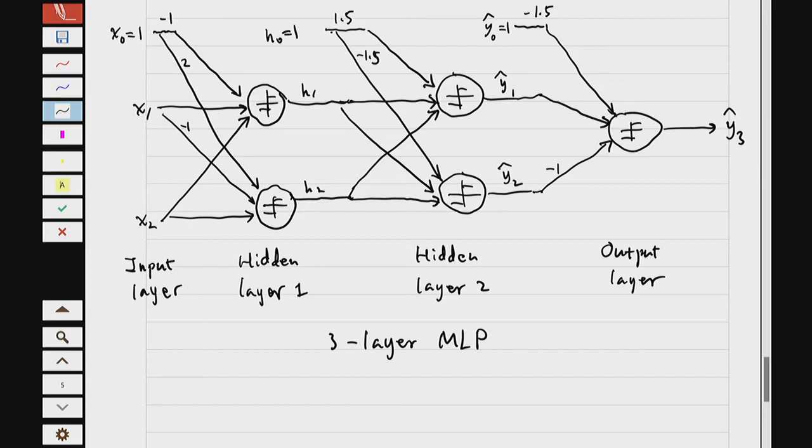How can I build this in order to fit any function that I want? Turns out that 3 layers is sufficient to approximate any function that we care about in reality. Any practical function can be approximated as close as you want by a 3-layer perceptron, if you have enough perceptrons.